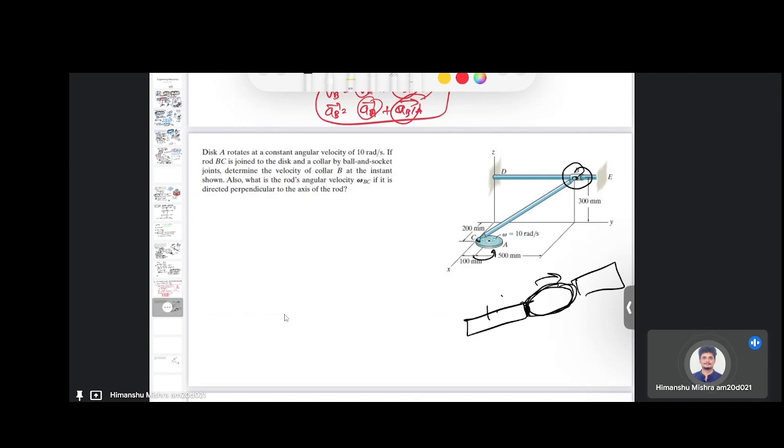Given the velocity and acceleration of one member, how do we calculate the velocity and acceleration at some other point or of some other member? For such problems we use the concept of relative velocity. We are using the same concept here, just in a 3D coordinate system. That's the only difference here. So we will write the equation in vectorial form to solve.